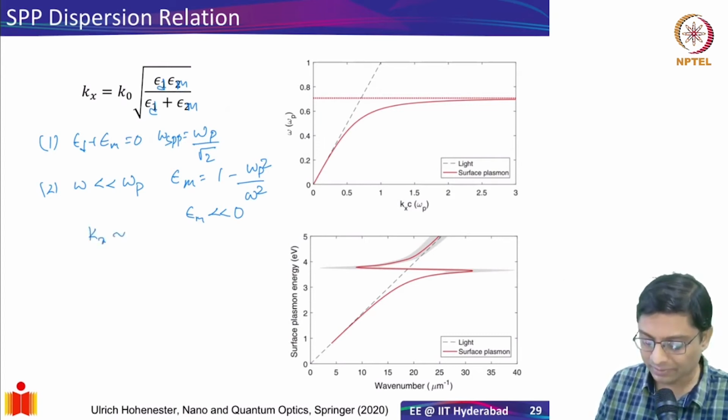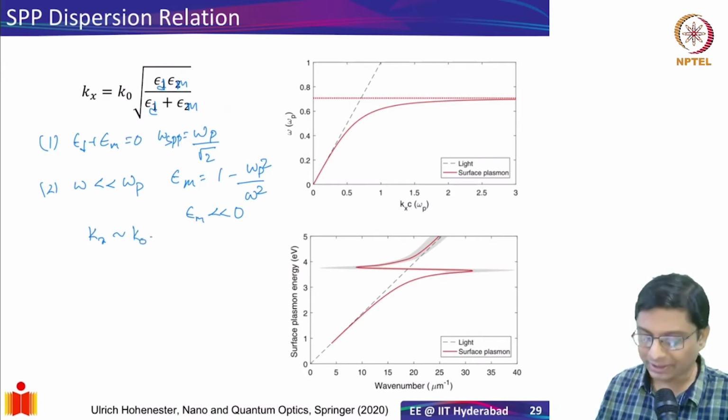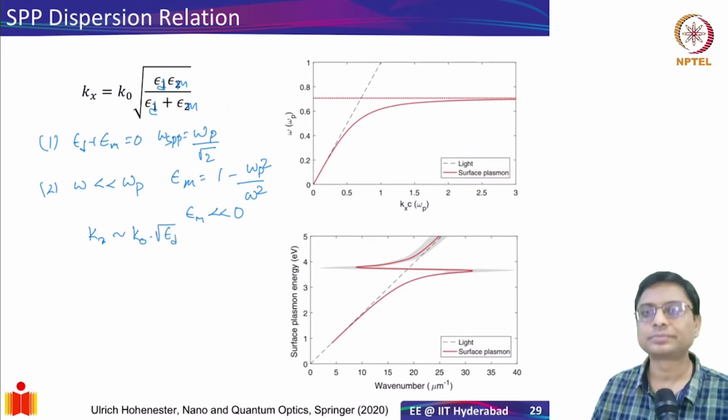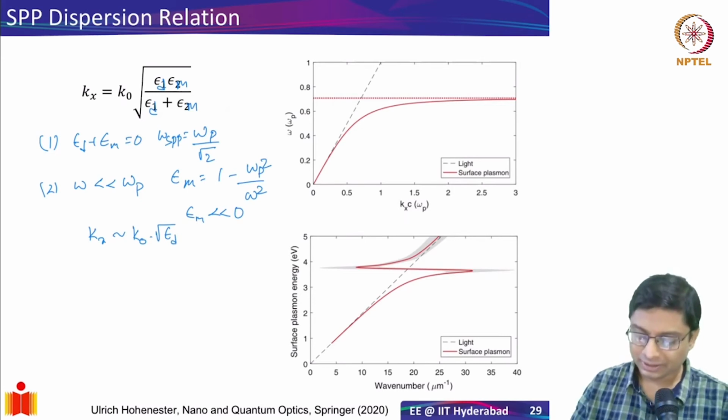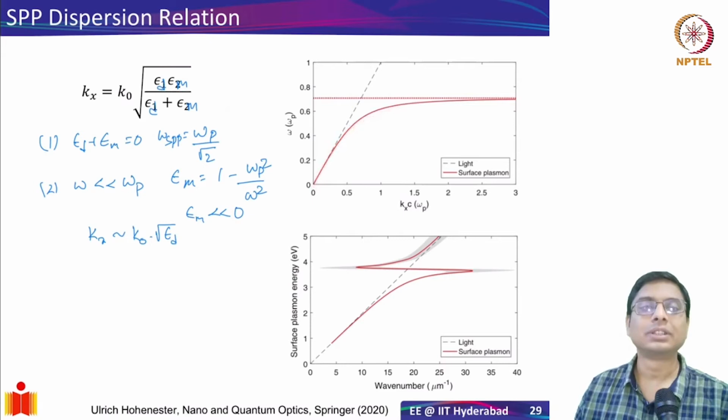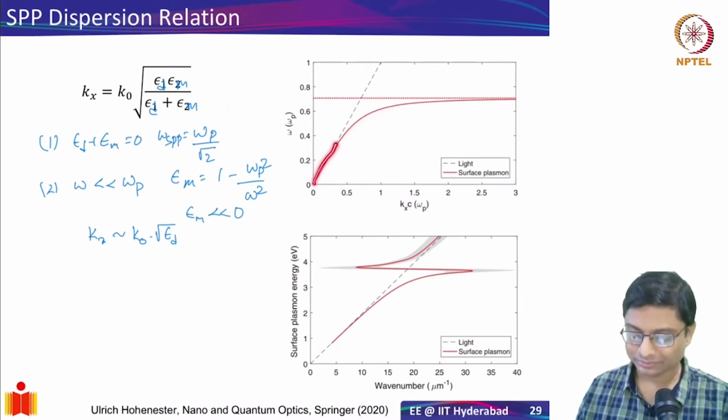Kx approximately will be k naught times, so metal is going to dominate and effectively cancels out. So basically root over epsilon d. That is why you see that as we go to lower frequencies, the plasmon dispersion is coming close to the light line.